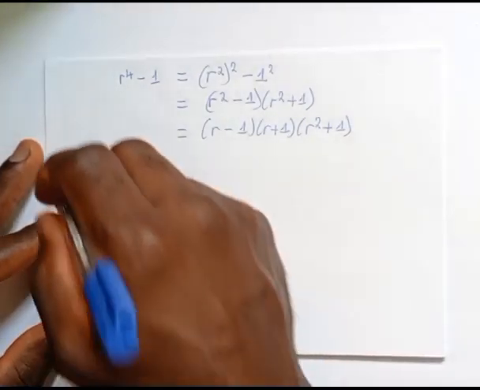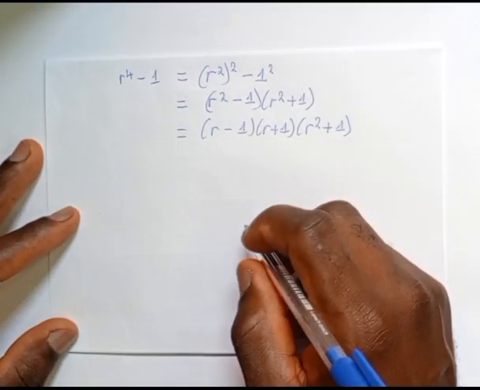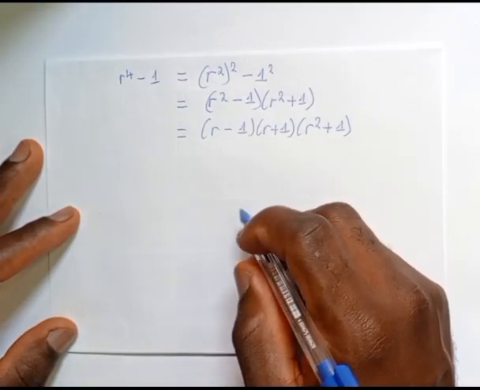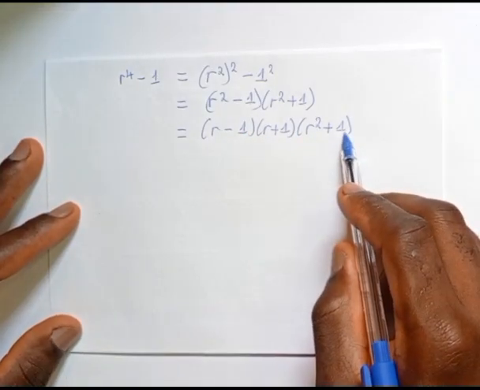This simply means at the numerator we are going to replace r to the power 4 minus 1 with r minus 1 times r plus 1 times r squared plus 1.